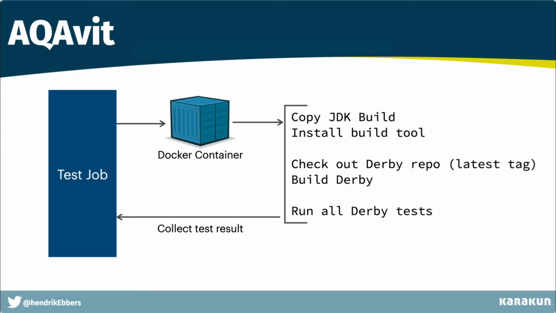In general, you can think about it like this. First of all, we create an isolated environment like a Docker container, then copy the JDK binary that should be tested into that container, and install some tooling that's needed. Let's take Derby as an example. So we check out a defined tag of Derby, build Derby with the JDK that should be tested, and then run all tests of Derby against that JDK.